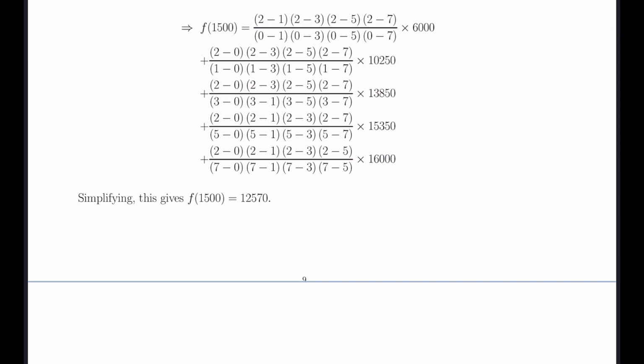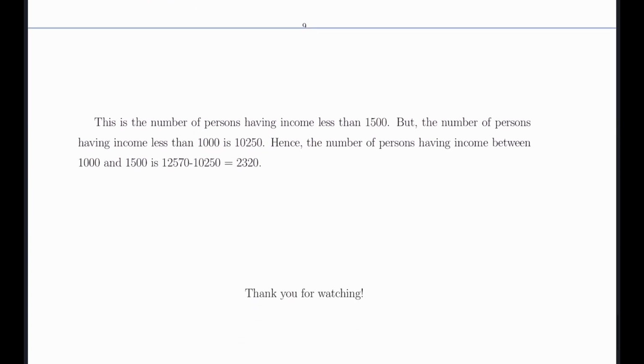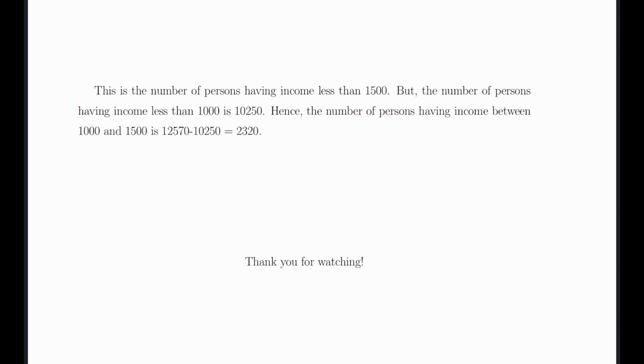हमसे पूछा गया है ऐसे लोगों की संख्या बताइए जिनका इनकम 1000 और 1500 के बीच में है। तो ऐसे लोगों की संख्या जिनका इनकम 1000 से कम है ये हमने निकाल लिया है। And that is how much? That is 10,250. And the number of persons having income less than 1500 has been calculated as 12,570.